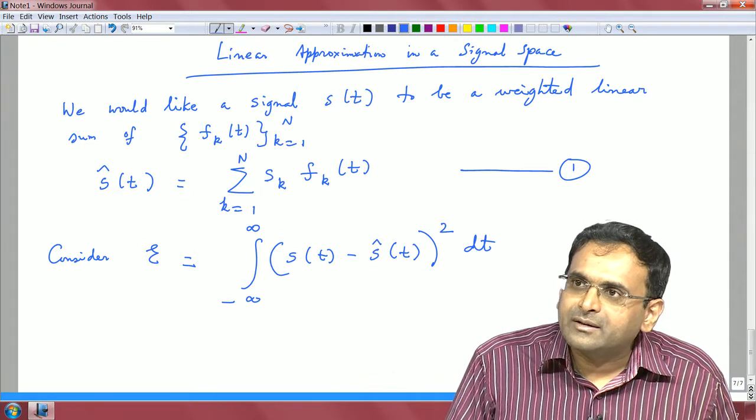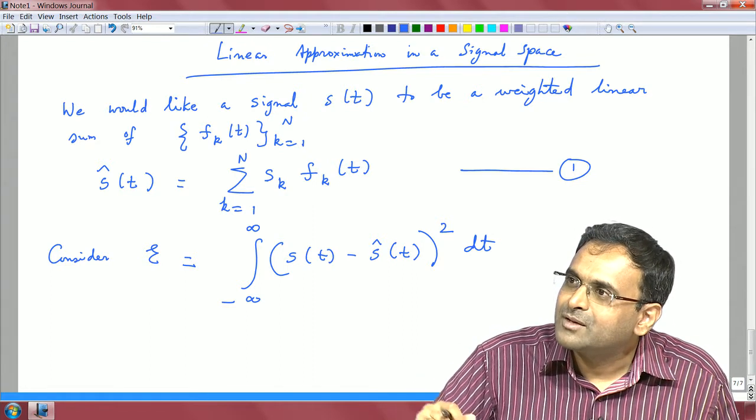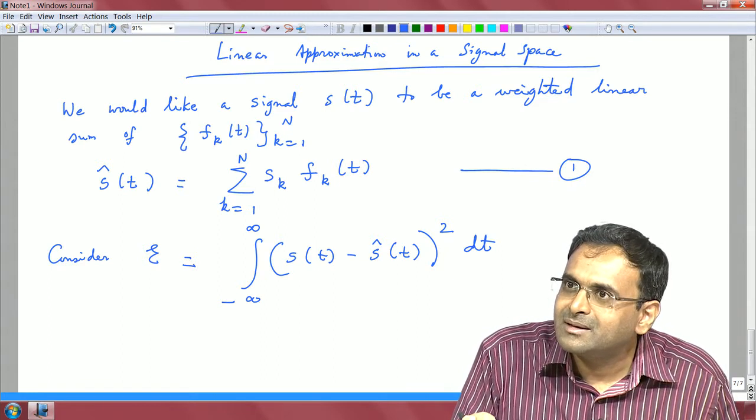The square error is basically a quadratic surface, it is a parabola. And if you think about the parabola, you have only one minimum point.